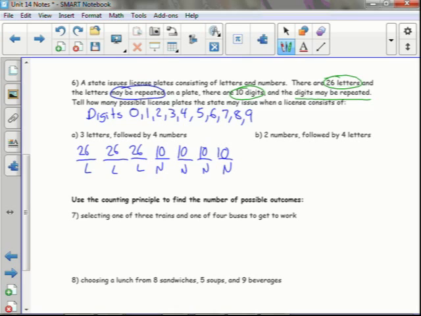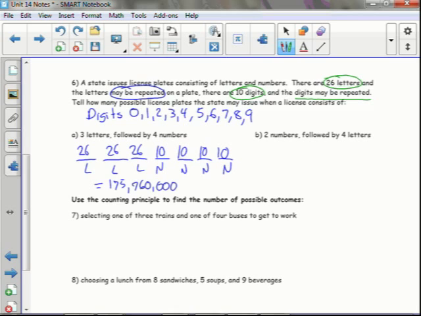So you just want to go ahead and multiply those together. We do 26 times 26 times 26 times 10 times 10 times 10 times 10, and you get 175,760,000. That's why New York State isn't going to run out of license plate options.